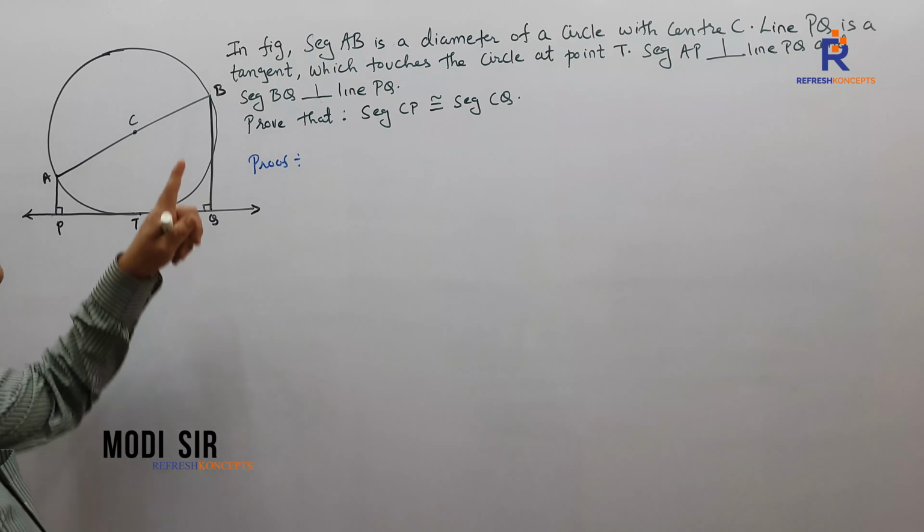There is one property of perpendiculars drawn onto the same line. What is the relation between them? They are parallel to each other. So AP is parallel to CT, which is parallel to BQ.